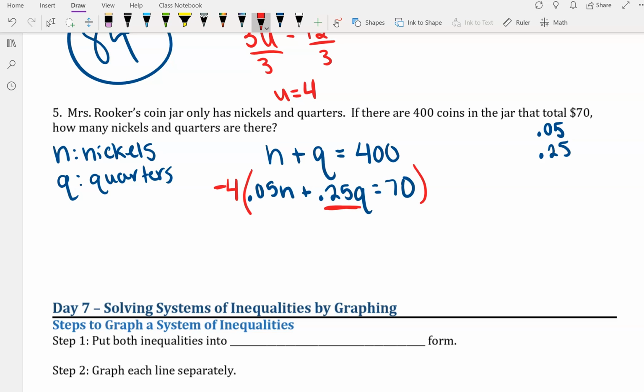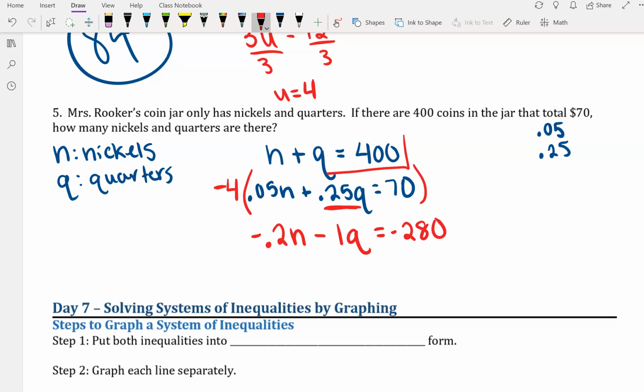0.05 times -4 is going to be -0.2n. And then 0.25q times -4 is going to be -1q. And then 70 times -4 is going to be -280. So that's what I got when I multiplied my second equation by -4.